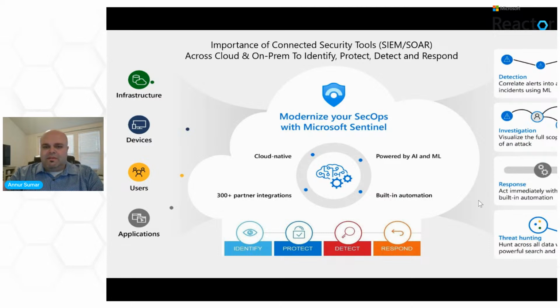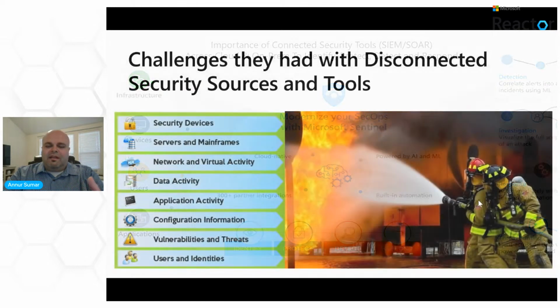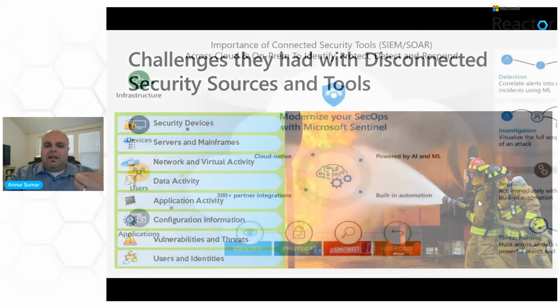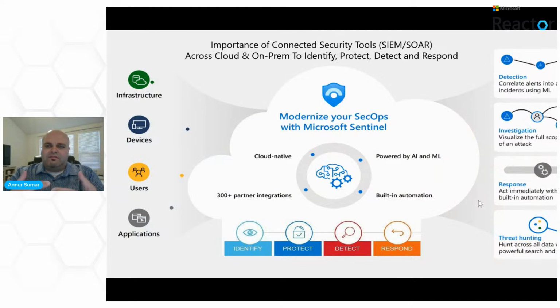A good example of this is if you're leveraging Microsoft Sentinel. It has both SIEM and SOAR baked into it, and it takes all the disconnected data sources in your environment and connects them holistically into one aggregate. So you have Log Analytics Workspace, you have your Microsoft Sentinel setup, and then you're able to identify, protect, and detect very quickly across the environment.